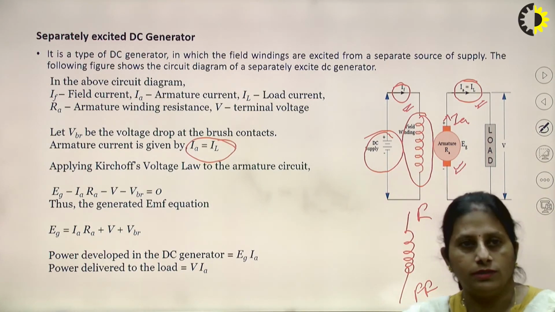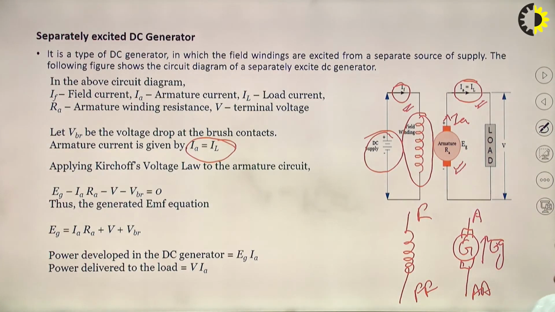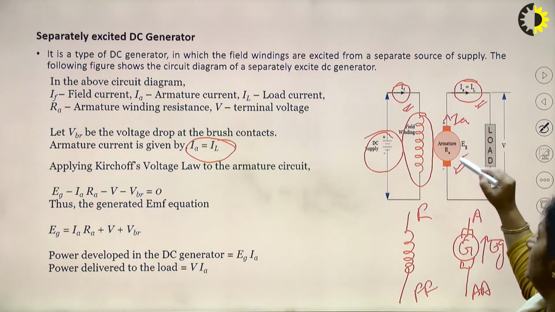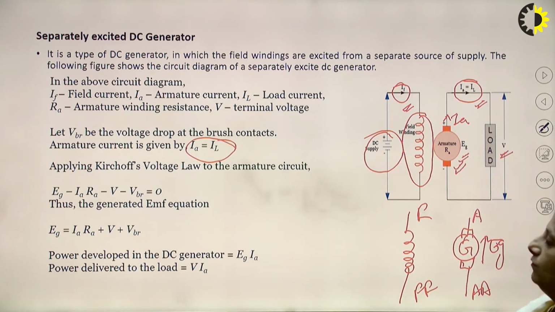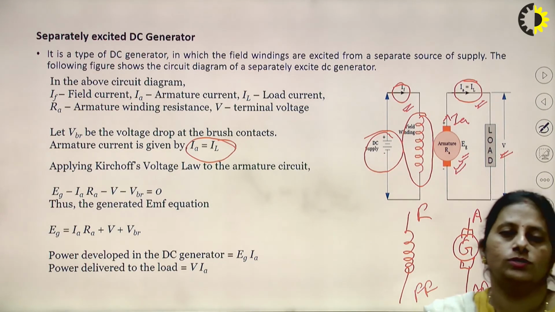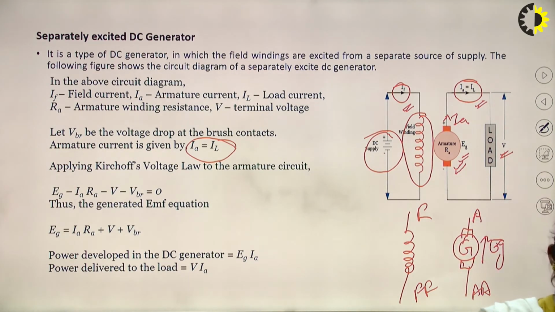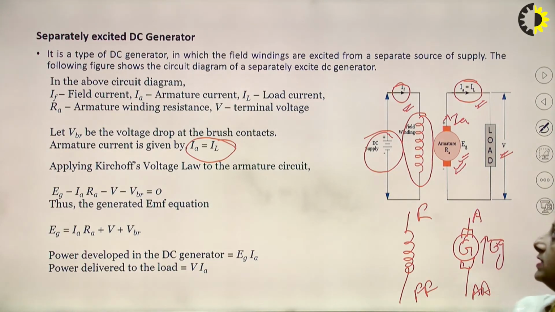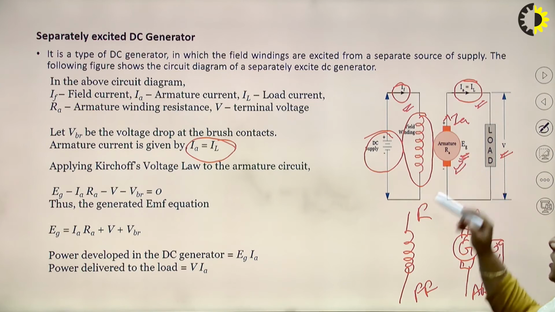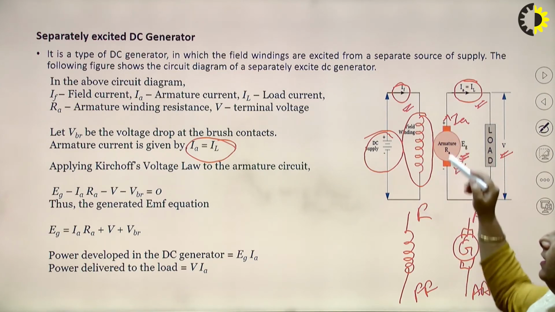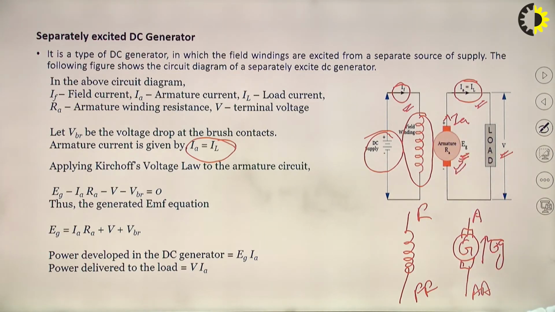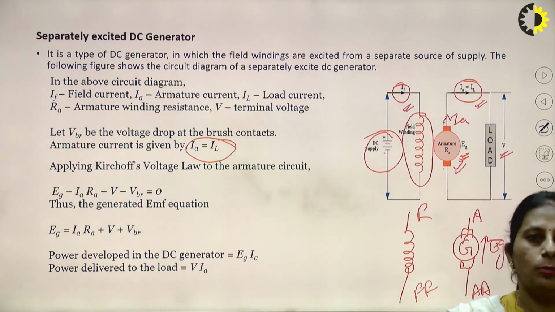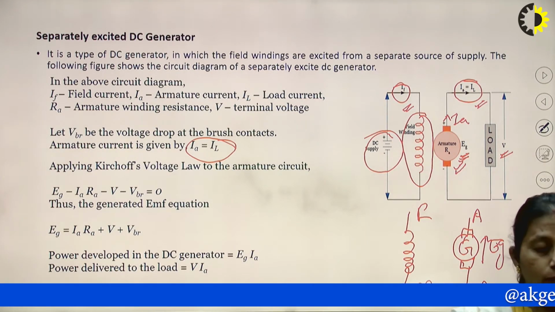What about the voltage relations? That means the voltage relation between EG and V. What is V? V is the terminal voltage which is appearing across the load terminals. So, what should be the relationship between EG and V? The generated EMF must be equal to V plus the various drops which are occurring. What are the various drops?